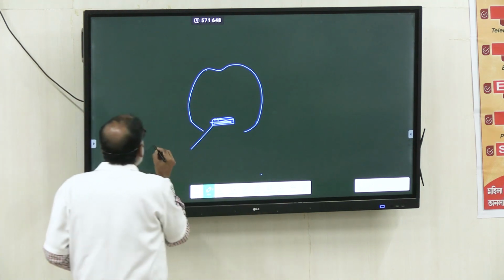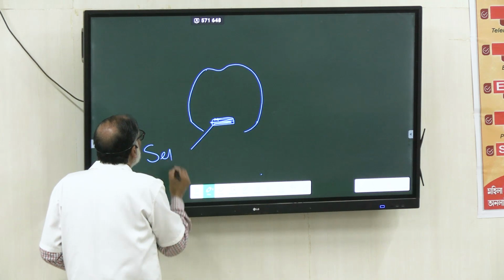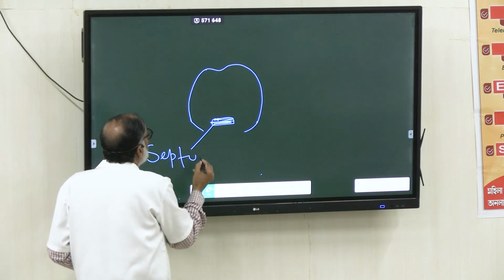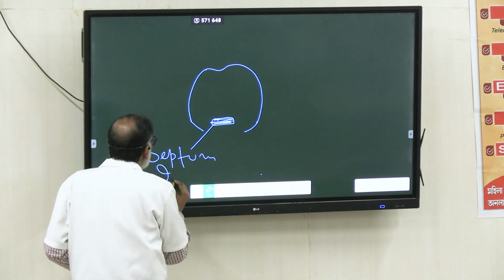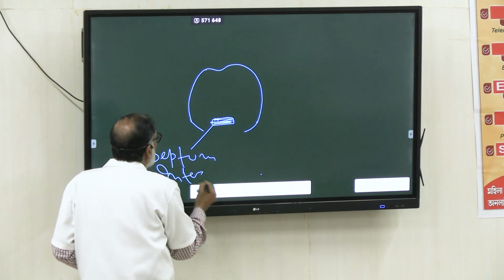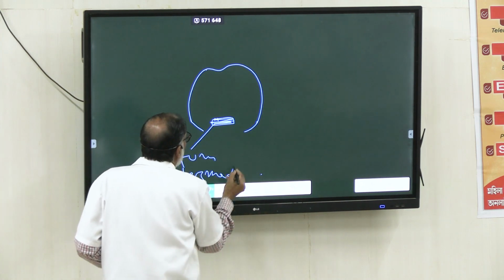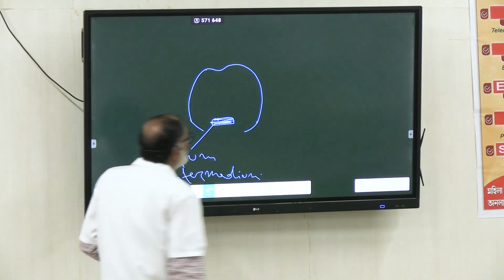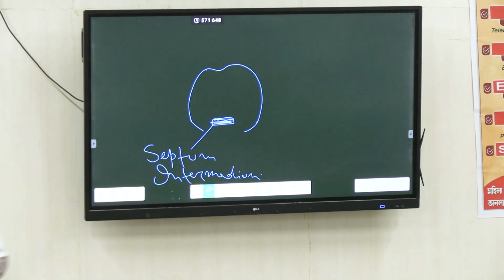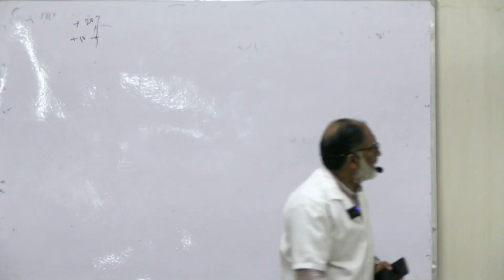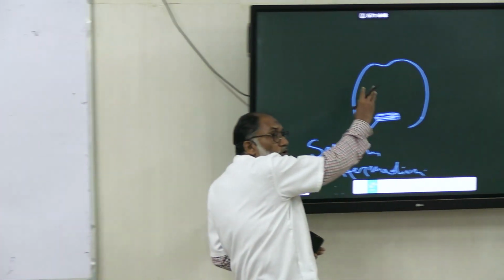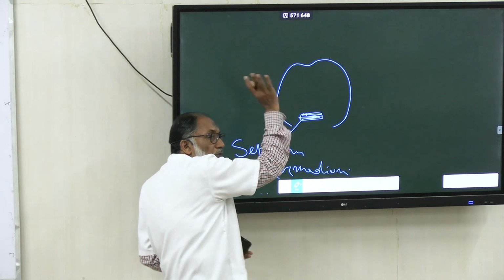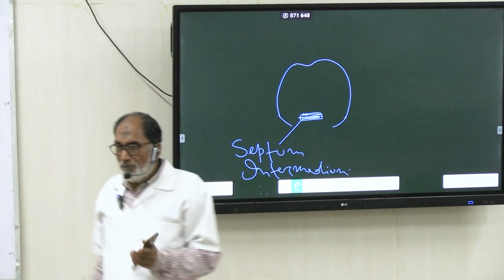This is called septum intermedium. And this is the common atrial chamber. It has not yet been separated.